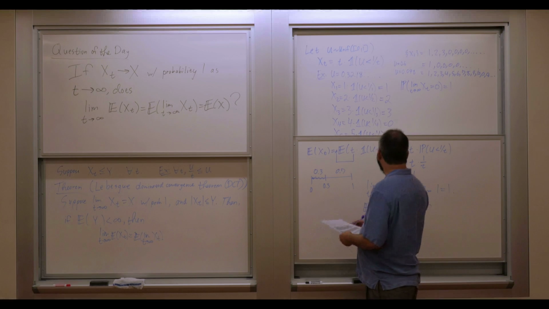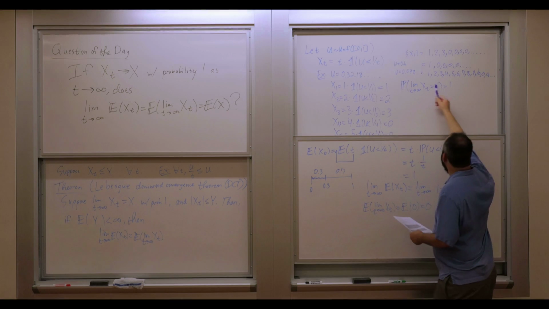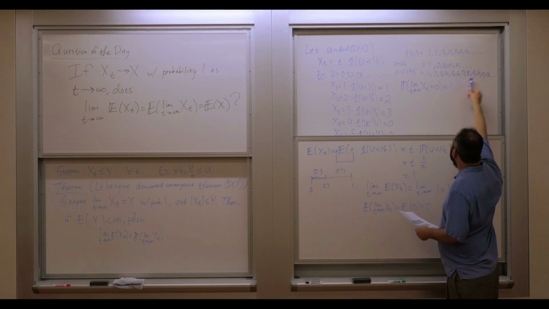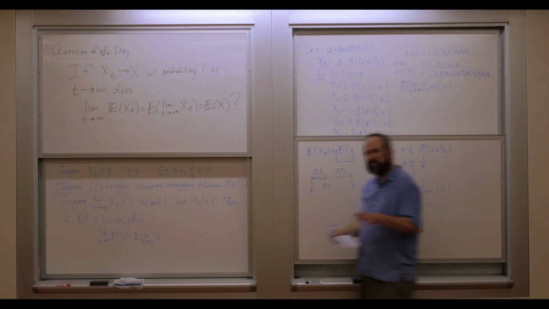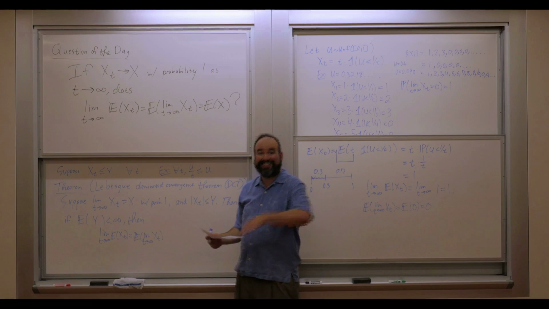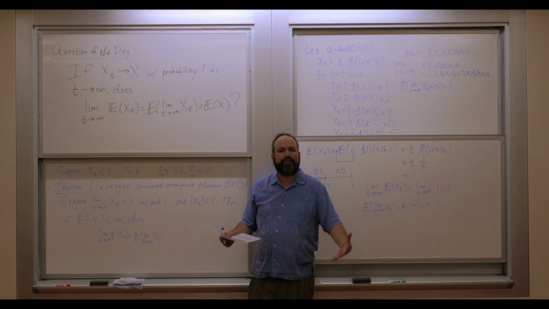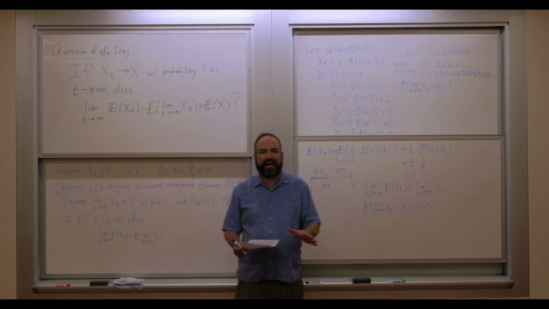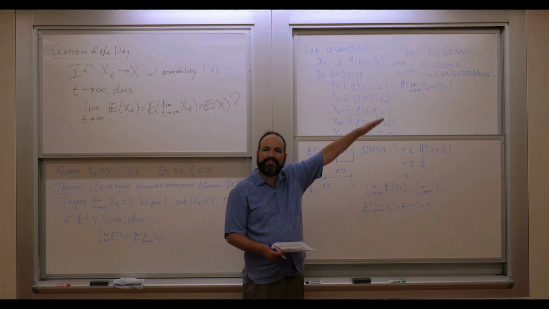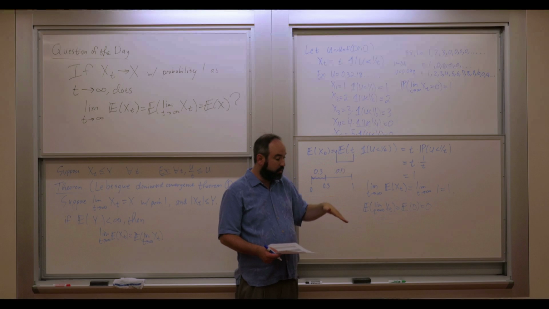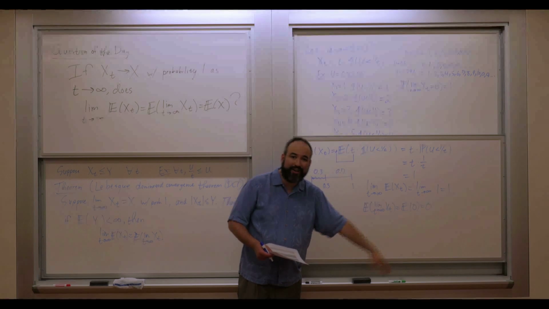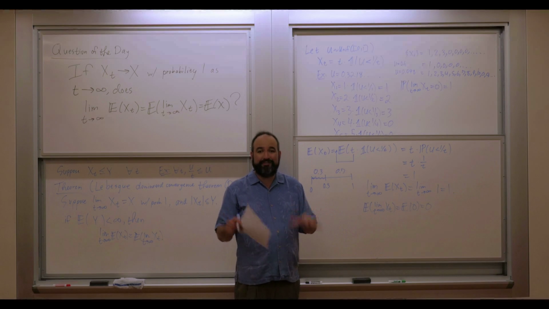So what else was going on with this sequence? Well, one thing to notice about this sequence is that the numbers kept getting bigger and bigger and bigger until they dropped down to 0. Well, that turns out to be a problem. It turns out that if the random variables are always getting bigger and bigger, or getting smaller and smaller, they will converge.